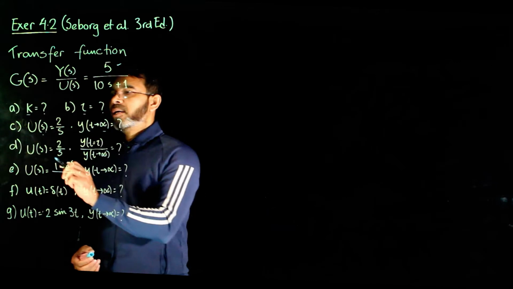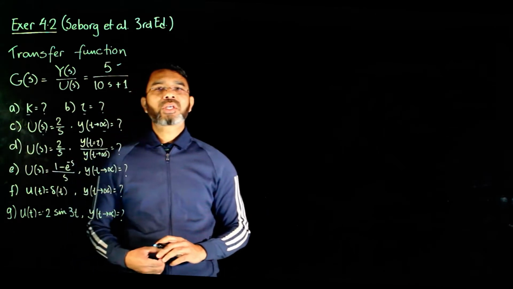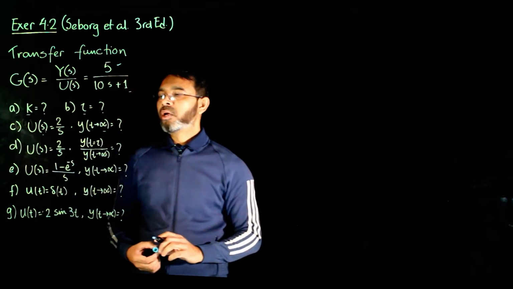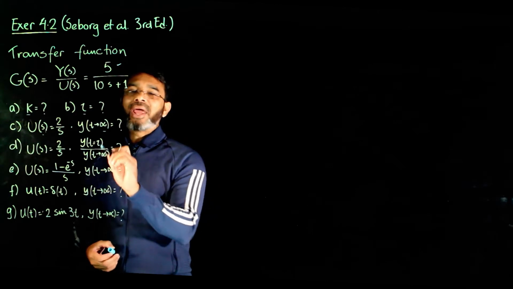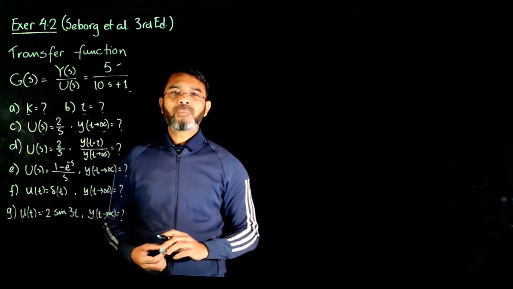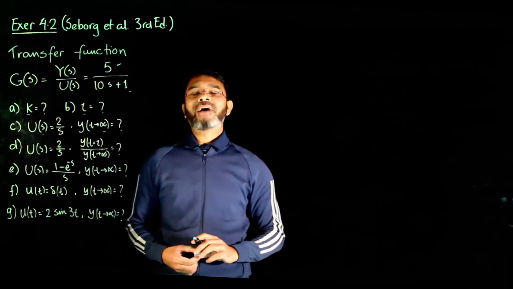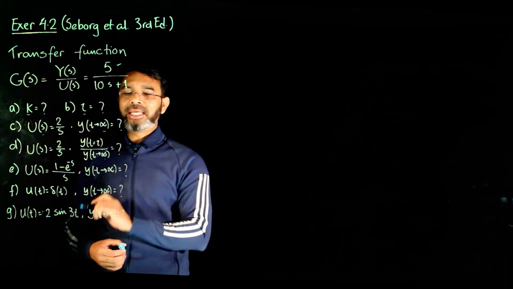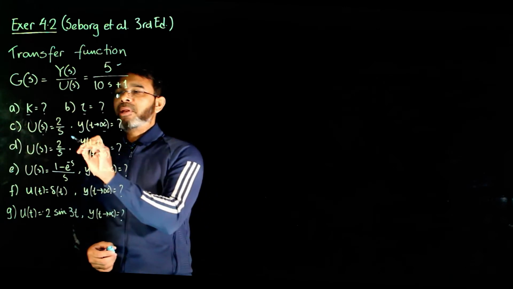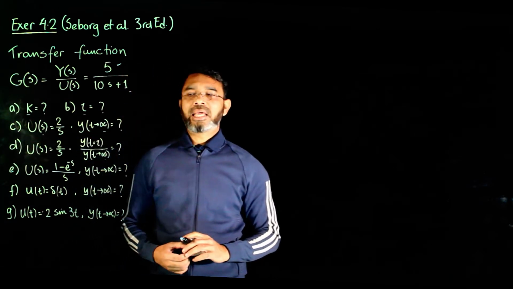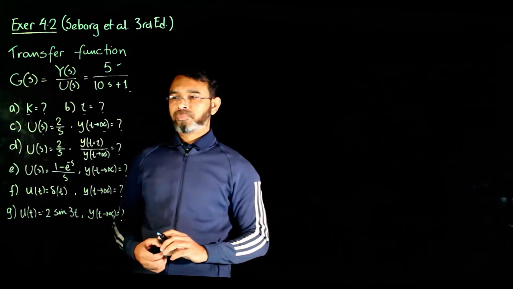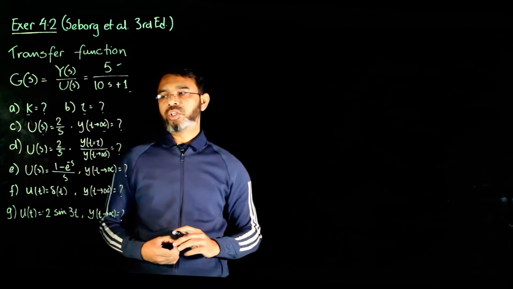And then part D asks you to find the ratio of the value of the output at t equals tau to the value of the output when t goes to infinity for the same input signal, that's the step input with magnitude 2. So you need to find the ratio.